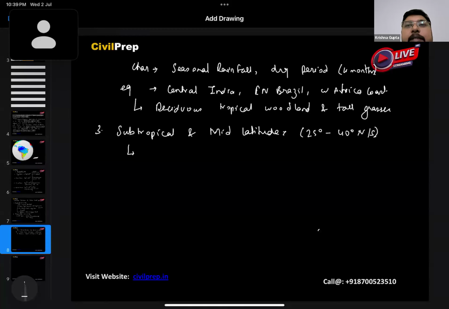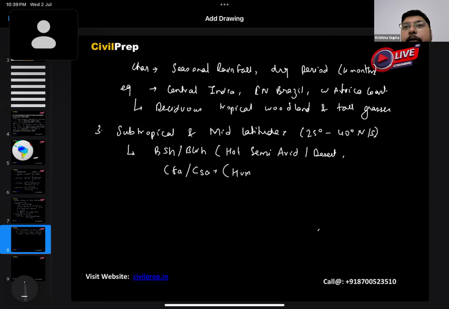So the climate types seen here are BSH, BWH, that is hot semi-arid and desert, along with CFA and CSA, that is humid subtropical and Mediterranean.